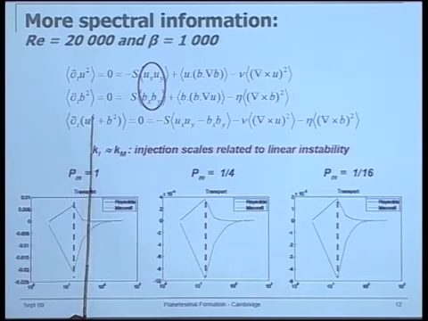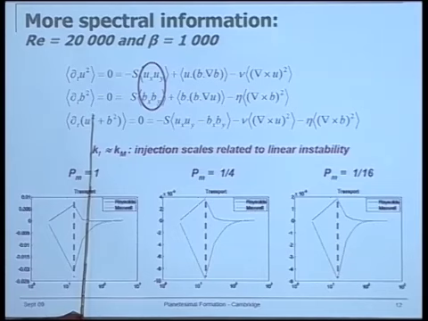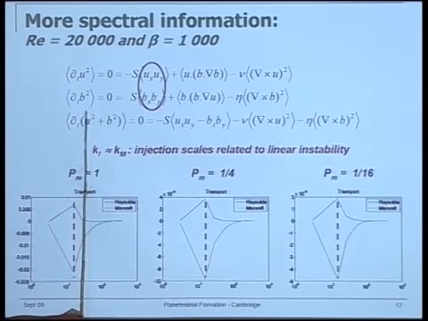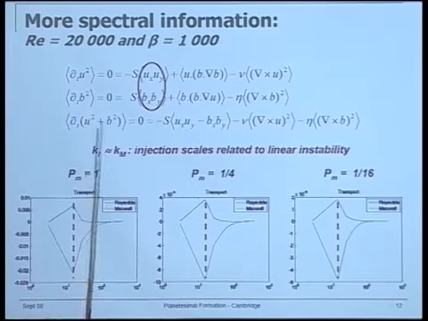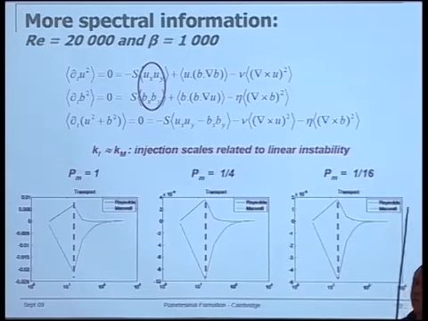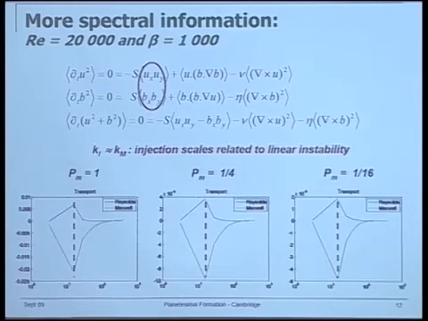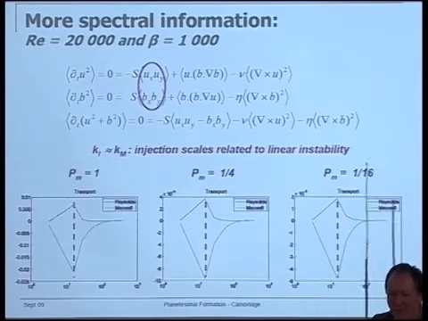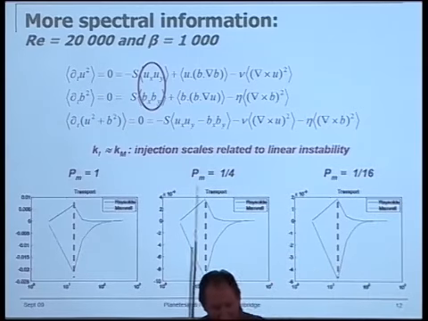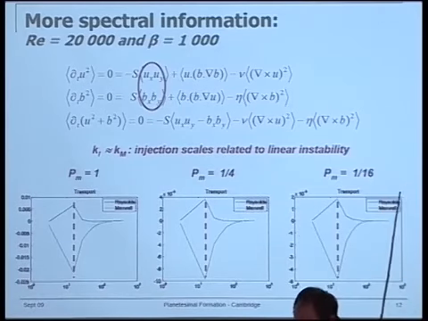And the critical K, where all channel modes get shut off by magnetic tension, is right here. Same thing here, same thing here. So we find something which is reassuring, that the injection is really related to the linear instability in some sense. If I had concluded otherwise, you probably would have thought that this talk is bullshit. But so that's for the injection.